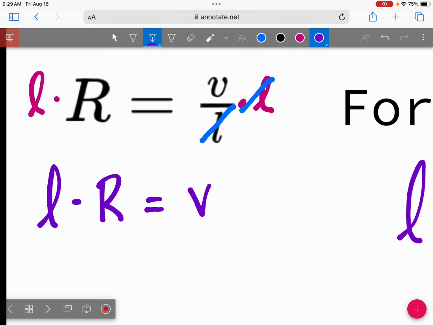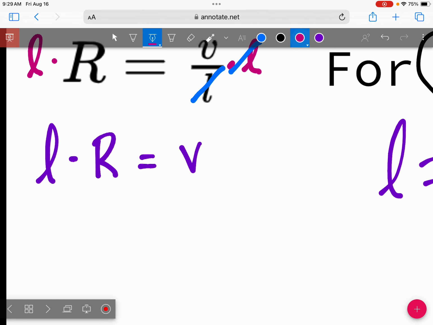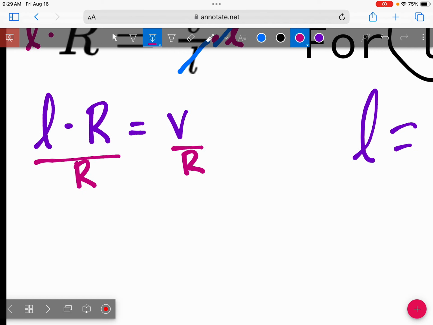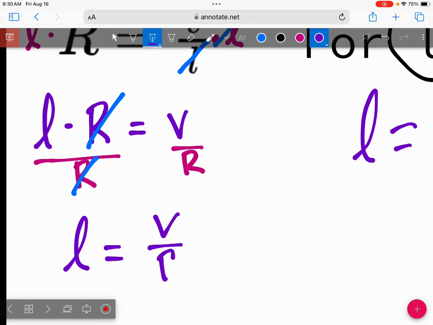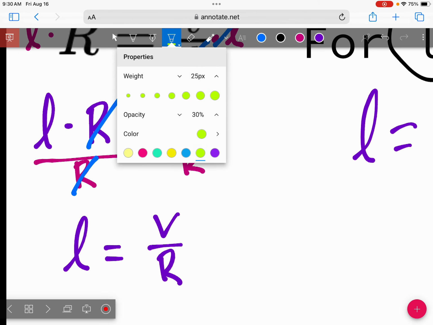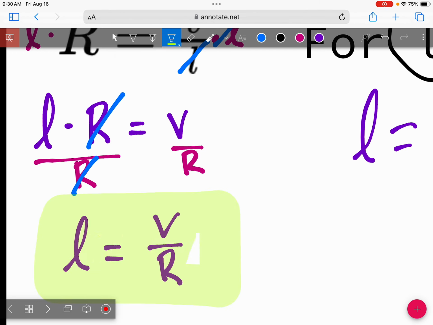Divide by R. So if I divide both sides by capital R, then these cancel out, and we're left with L equals V over R. It doesn't look better, but it's what we were asked to do. That's our answer. Solve for the specified variable means get to L equals, or whatever our specified variable is.